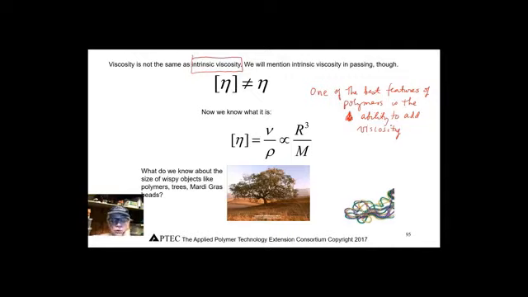You want your motor oil to work right? This is what you do. And historically, this was very important in determining that polymers even existed, so you'll hear it all the time.